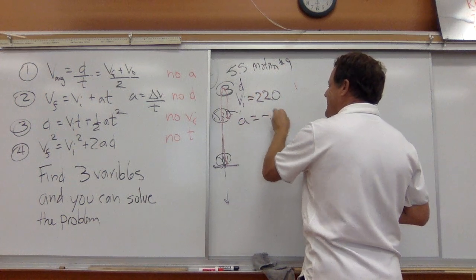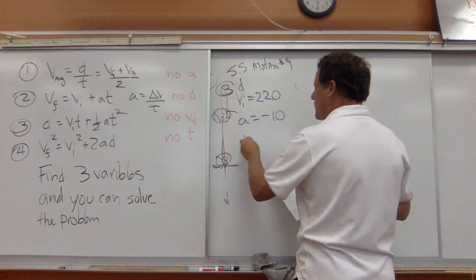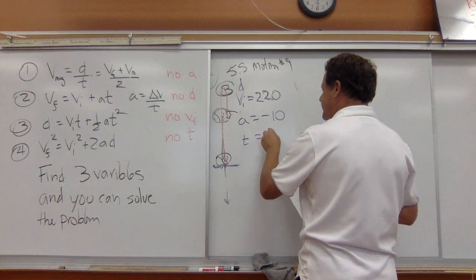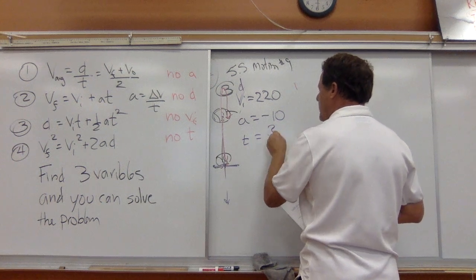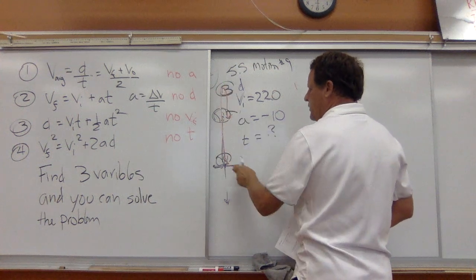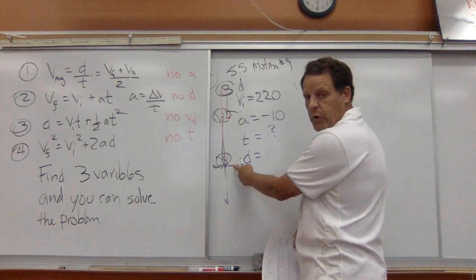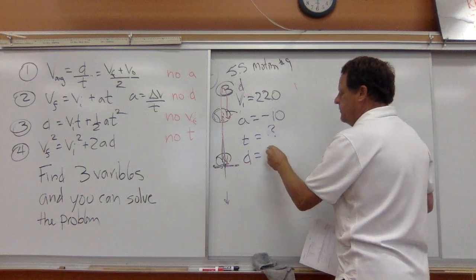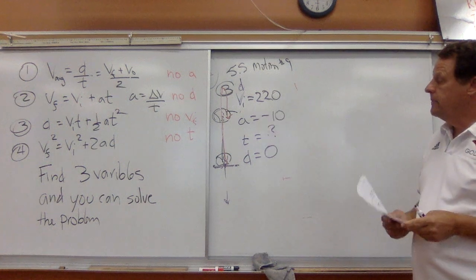Our acceleration is still -10. And we are looking for time, so this is our question mark. If it goes up into the air and comes back down, our displacement, the difference between where we started and ended, is going to be 0. That's a tricky little thing there.